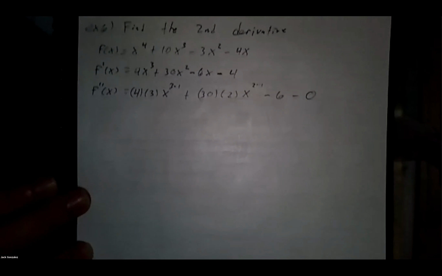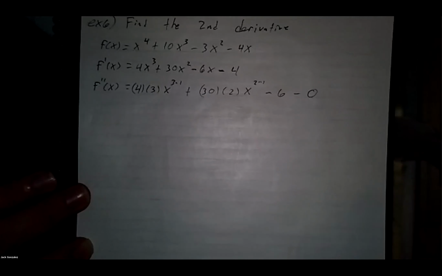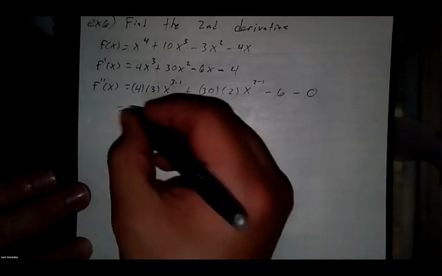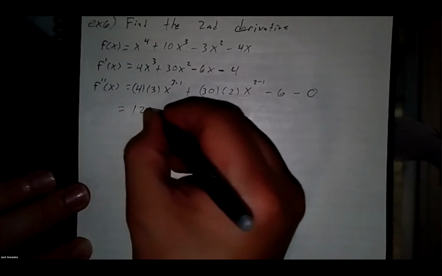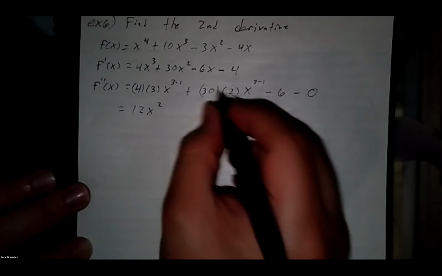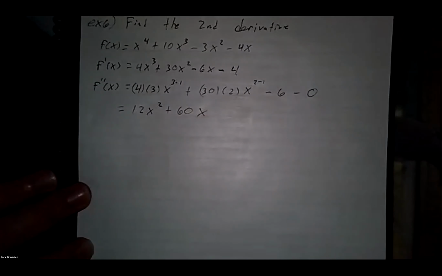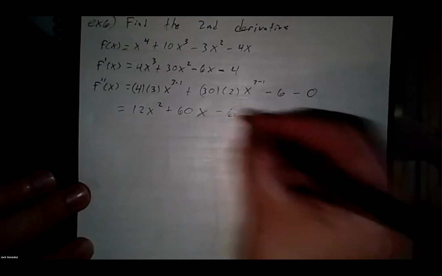The constant is gone. So that will be 12x squared, 30 times 2 will be 60x, minus 6, right?